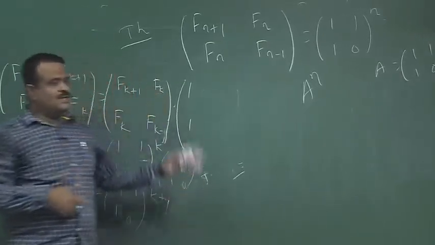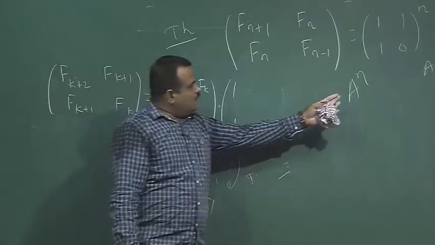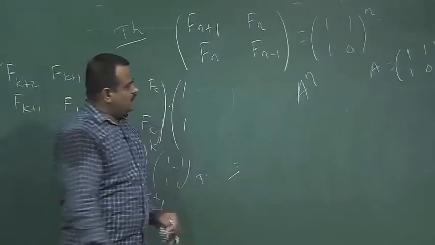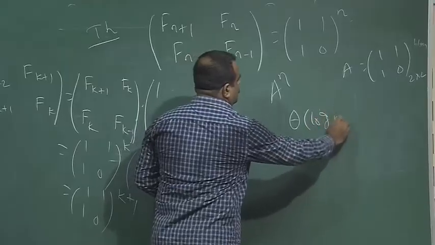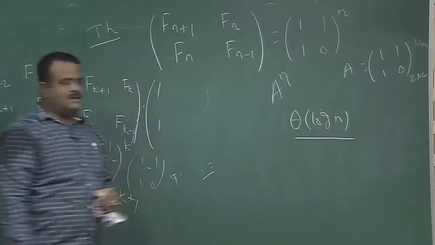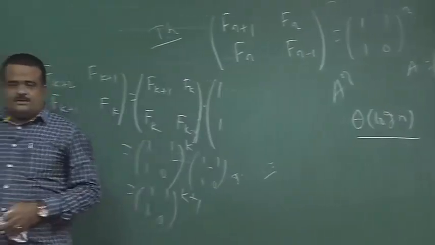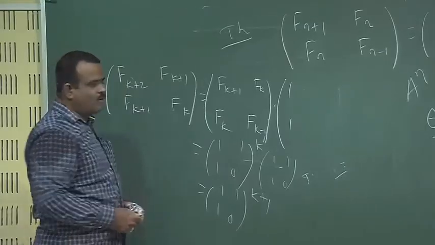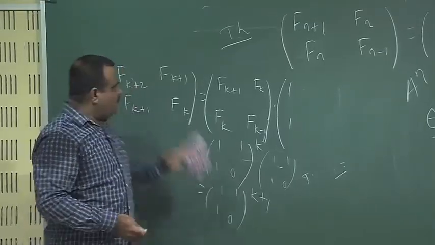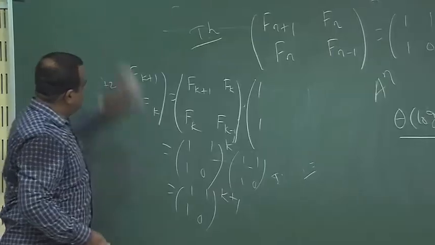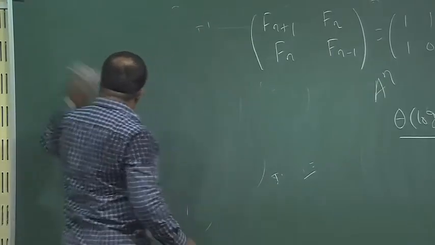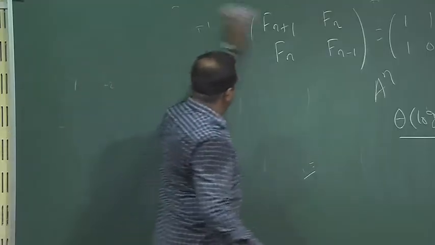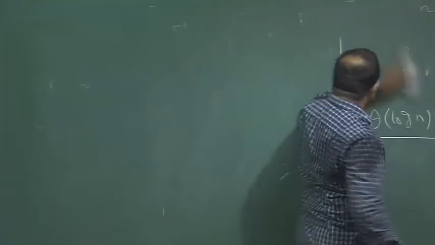We can easily use that recurrence for this power, similar to powering a number, and solve it in log n time. So this is the divide and conquer technique for this problem. Next we will talk about the matrix multiplication problem, and see how we can use the divide and conquer approach for that.